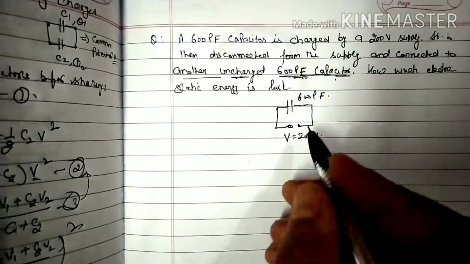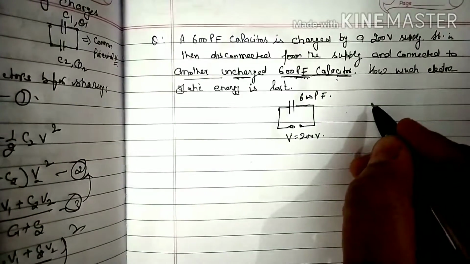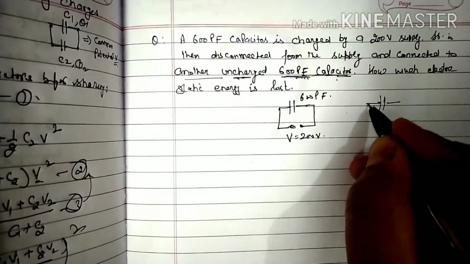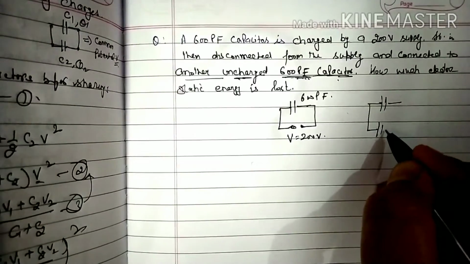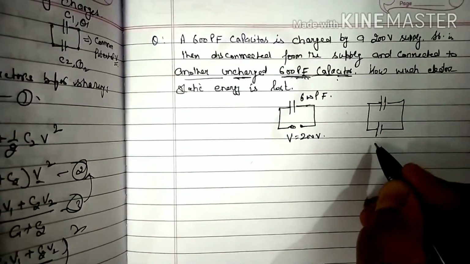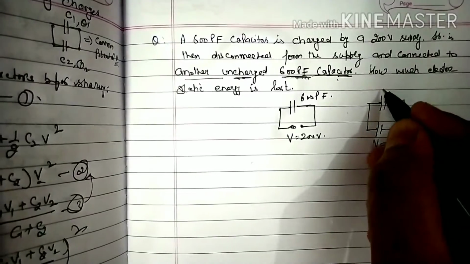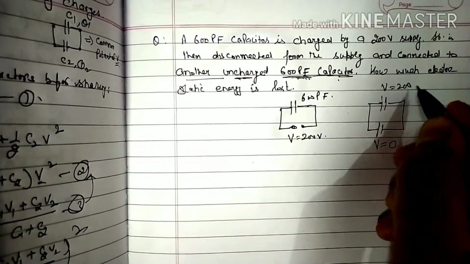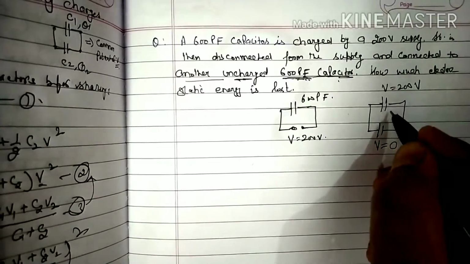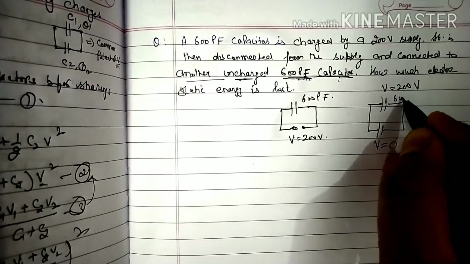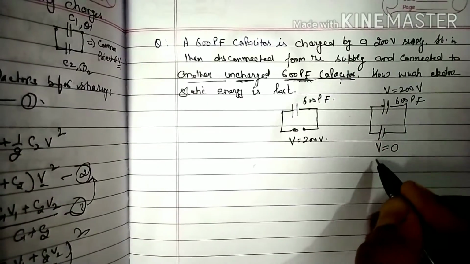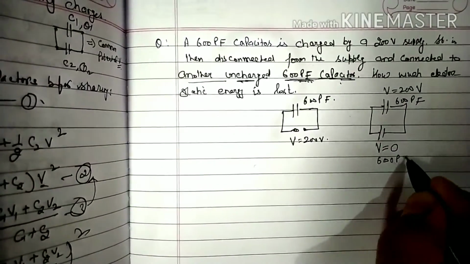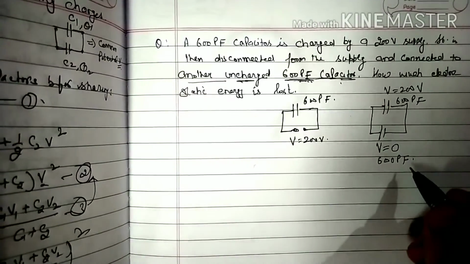Now this battery is removed. And this is connected with the uncharged capacitor, whose potential is 0, and the potential of the first was 200 volt and its capacitance was 600 picofarad, and this is also 600 picofarad.